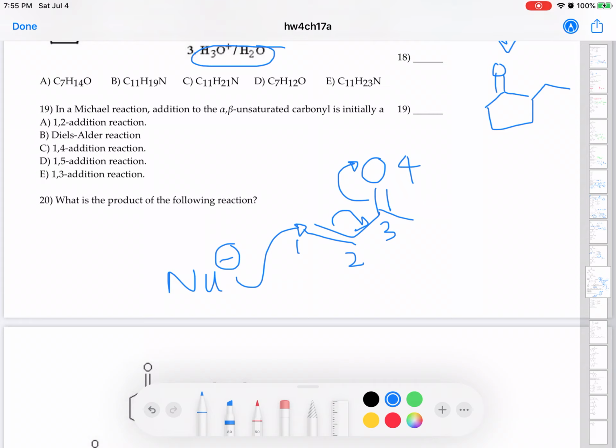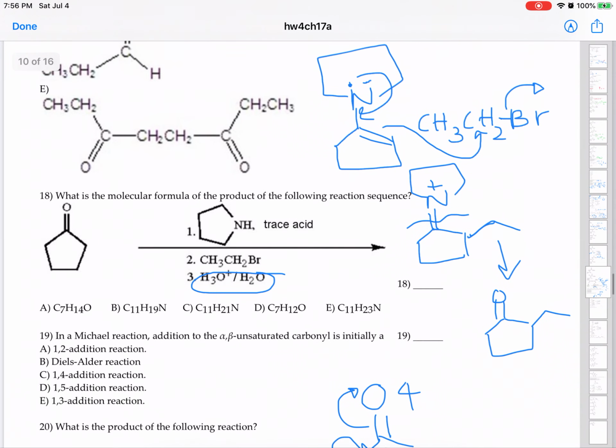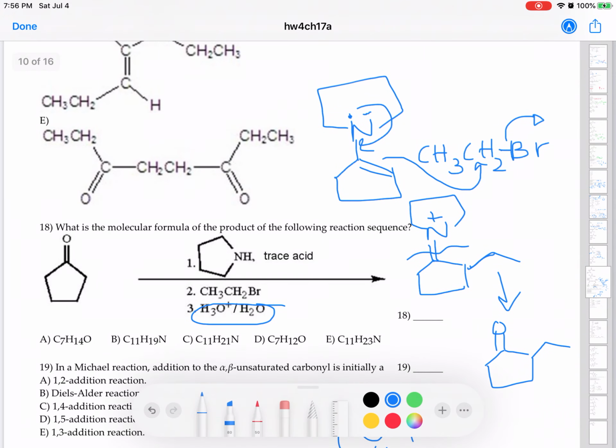Michael addition. And where did we talk about Michael addition? Let me refer you to the slide. For the previous one, you can refer to slide 28.